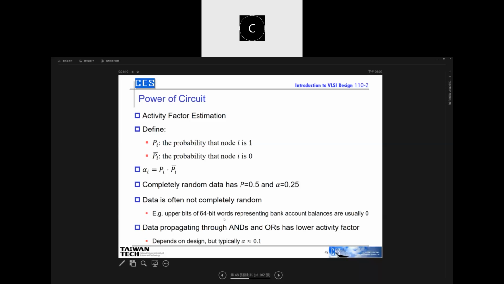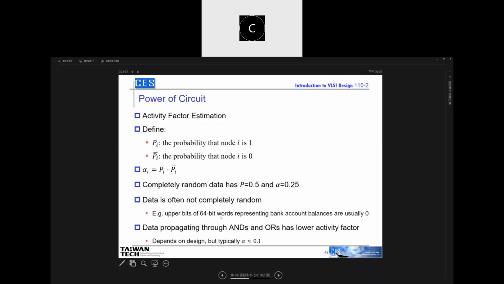According to the statistics, the lower bits of the 64-bit word are usually more commonly used than the upper bits, right? Because in most multiplication operations, you usually only involve the lower parts of the bits in a word.